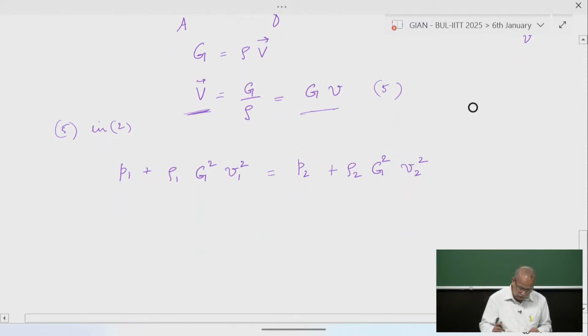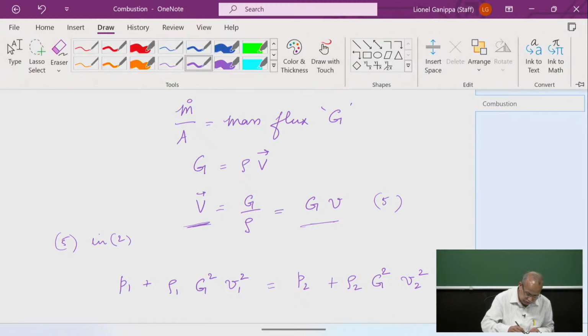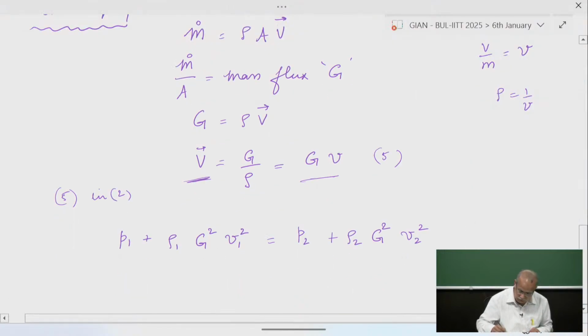So can I now rearrange this equation, or simplify this? Can I not cancel one of the rho with one of the specific volumes? Yeah, so I can do that here.